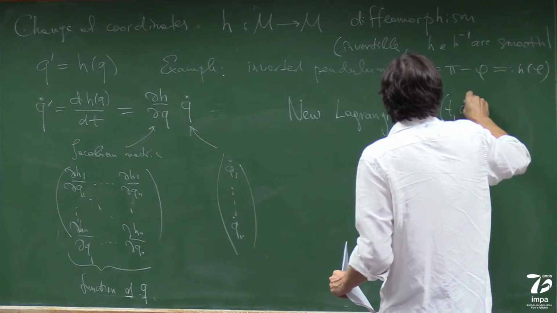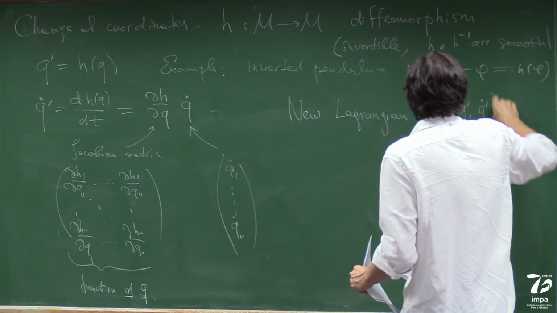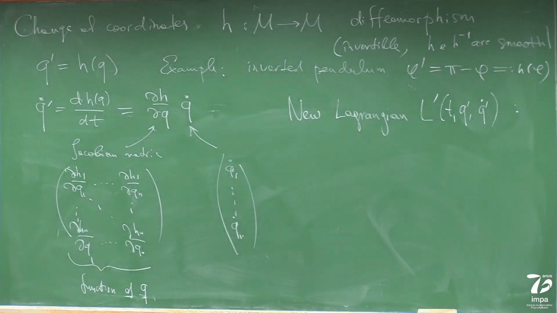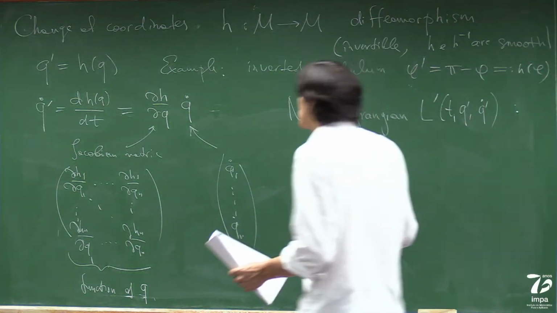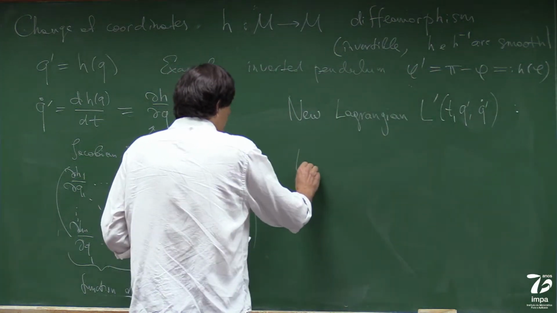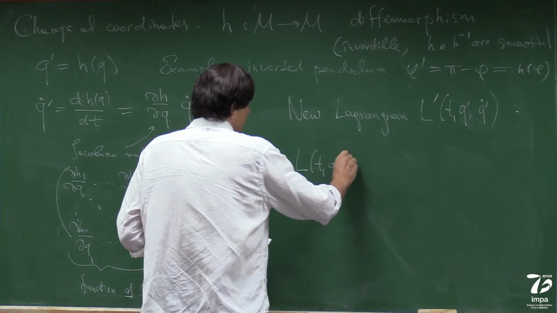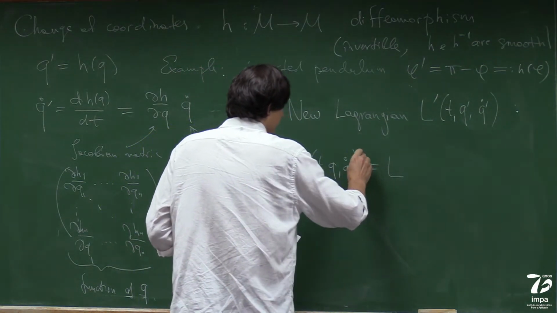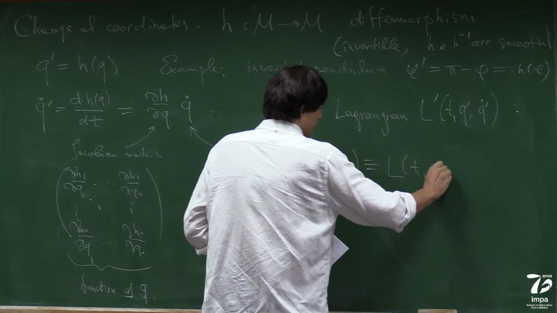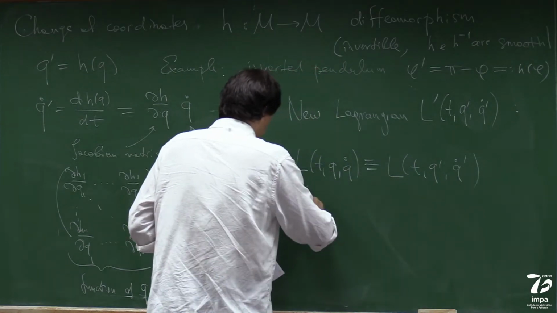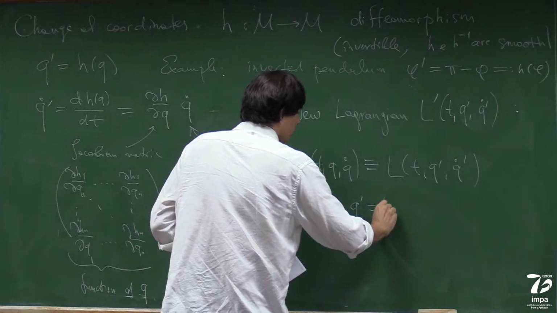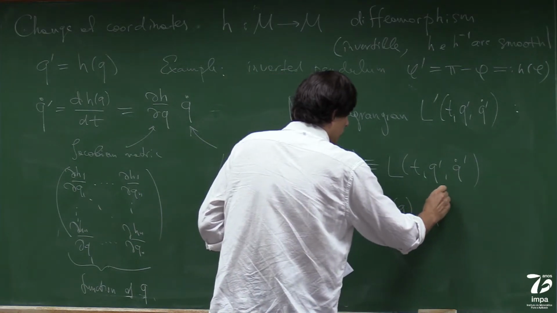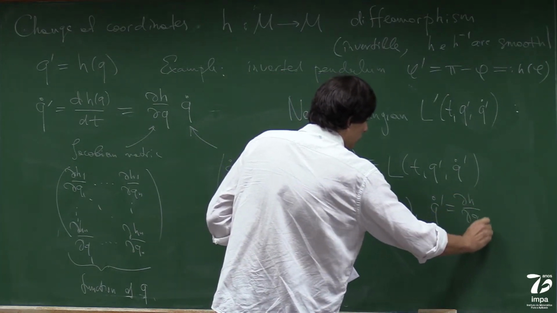The Lagrangian in new coordinates is defined by a single property: that it has the same value for the corresponding point. So if you change coordinates, the Lagrangian function at the same configuration should not change. That's the only condition we had. So all we need is that the Lagrangian in original coordinates is the same as the Lagrangian in new coordinates for q prime equal h(q), q dot prime equal its derivative.